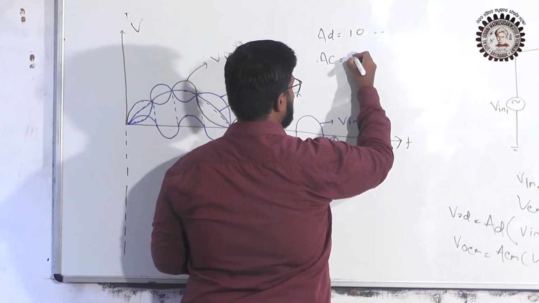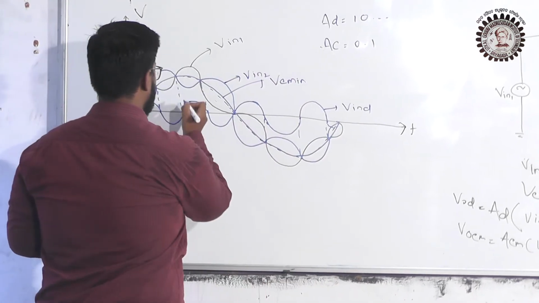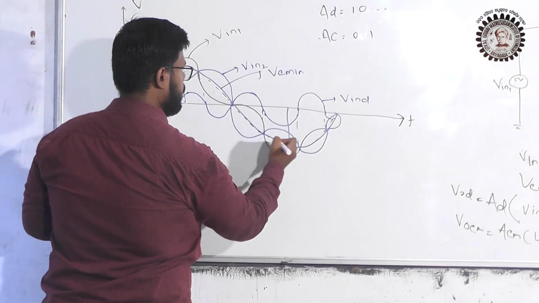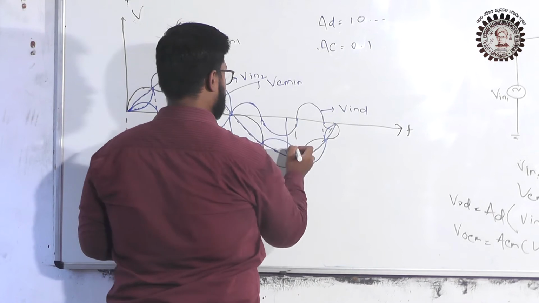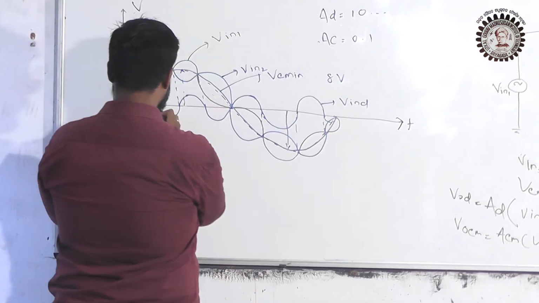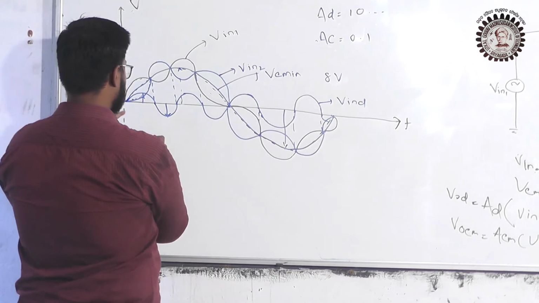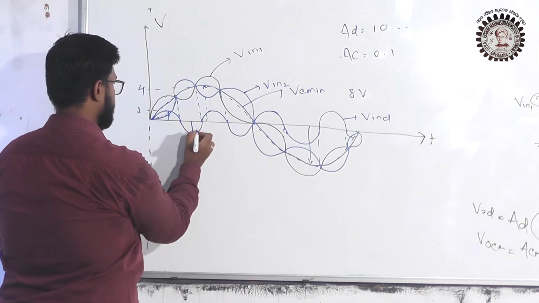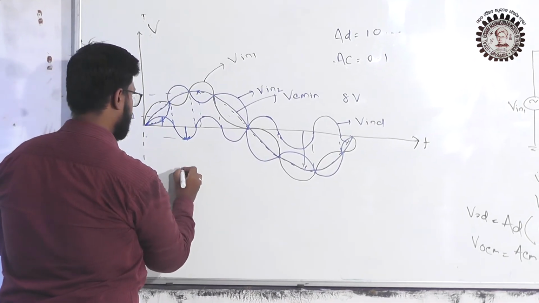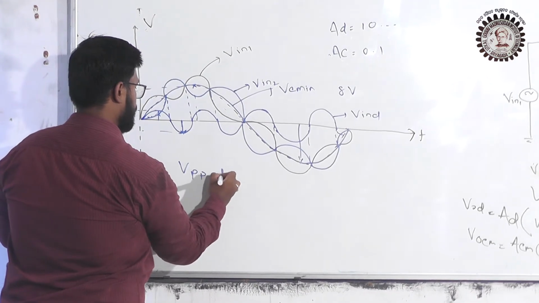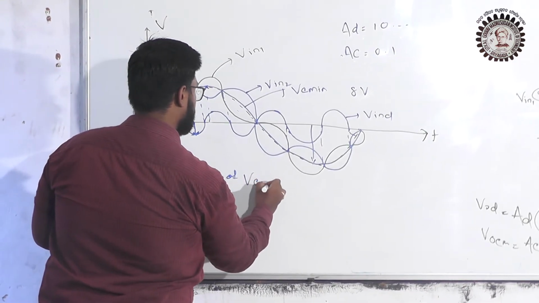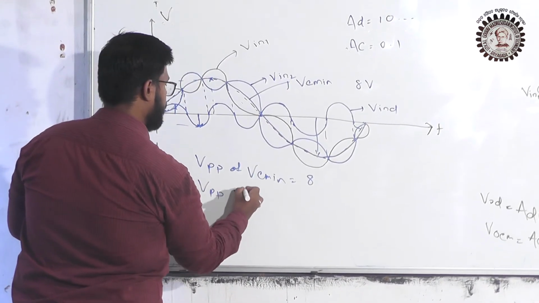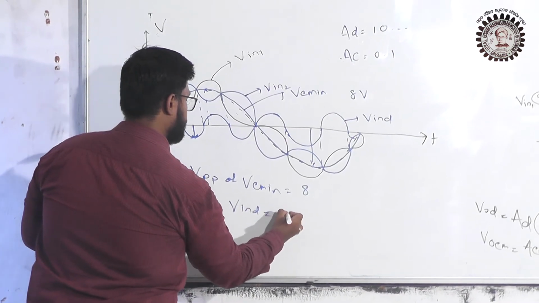Let us assume the peak to peak voltage of the common mode input is 8 volt, and the peak to peak of the differential input is 2 volt.